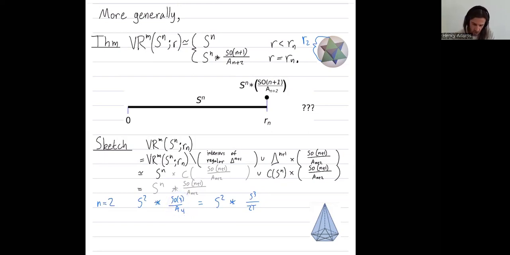For example, we can describe the homology of S2 joined with SO3 mod A4. Joining with the sphere just shifts the homology up by some dimensions.